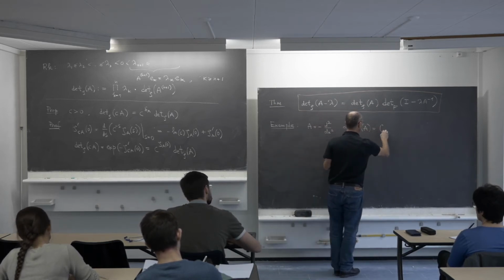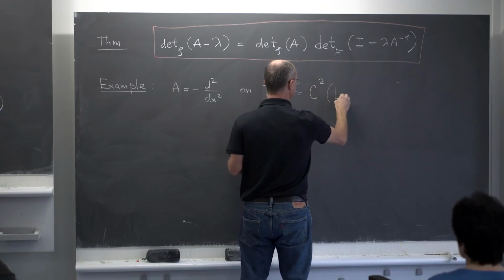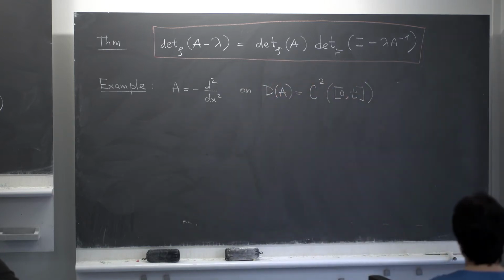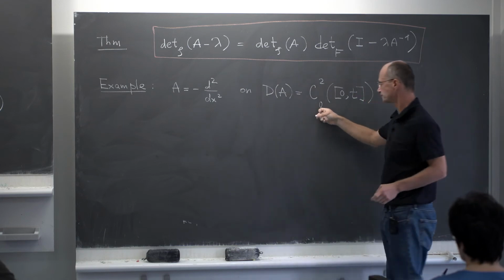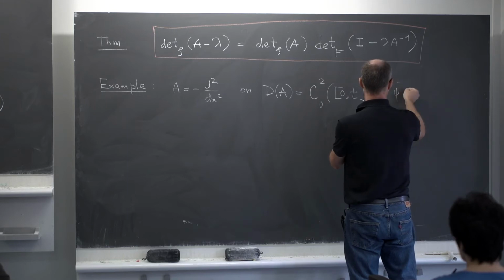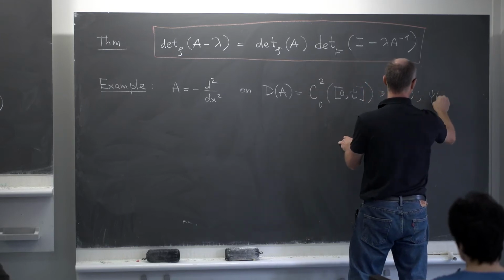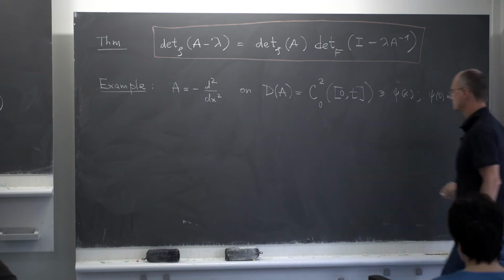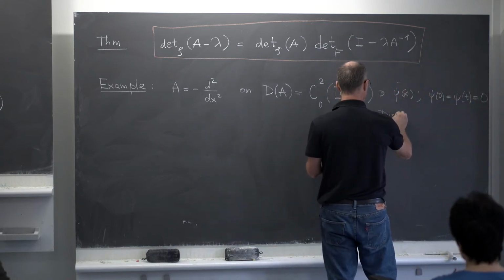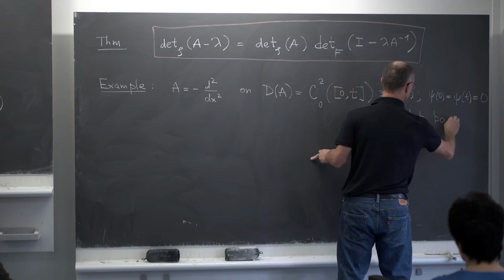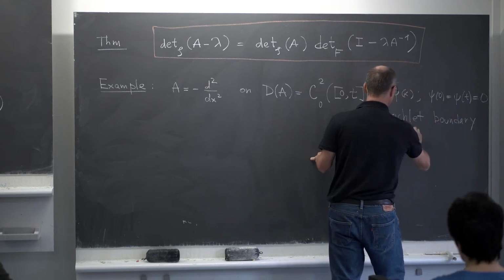And as a domain, I'll take C2 functions on the segment of length t, and I'll put here a condition, so I consider functions psi of x and psi of 0 is equal to psi of t is equal to 0, or usually it's called Dirichlet boundary conditions.